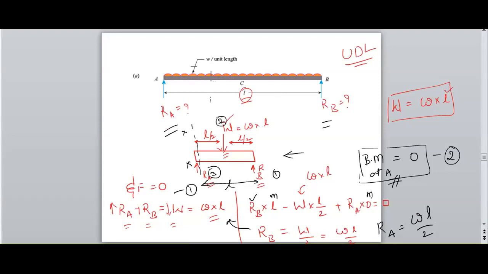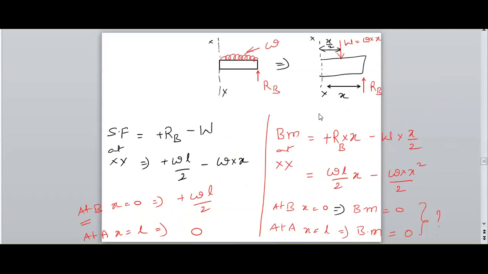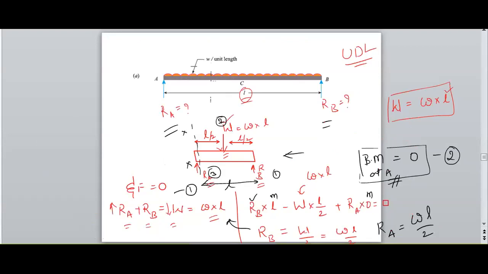Therefore, I need to consider a section XX from B at a distance of small x meters.